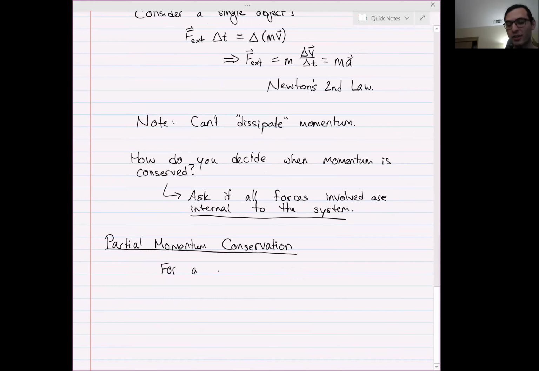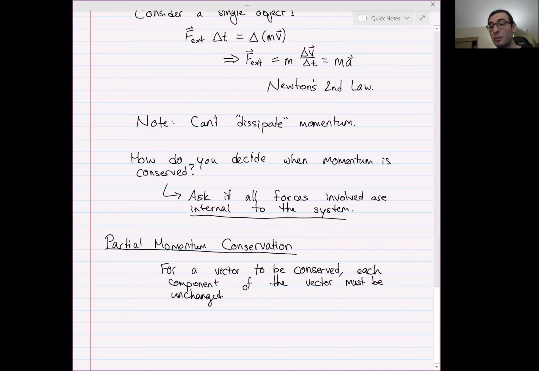Really, for a vector to be conserved, and by conserved I mean not change as time proceeds, what that really means is that each component of the vector has to be unchanged. So when I say that momentum is conserved, really what I'm saying is the x component, the y component, and the z component are all unchanging over time.